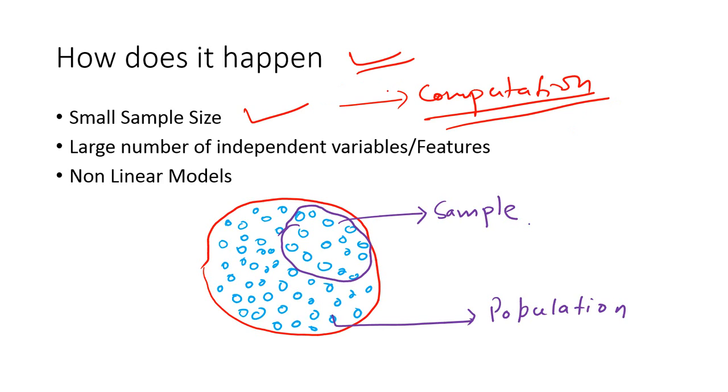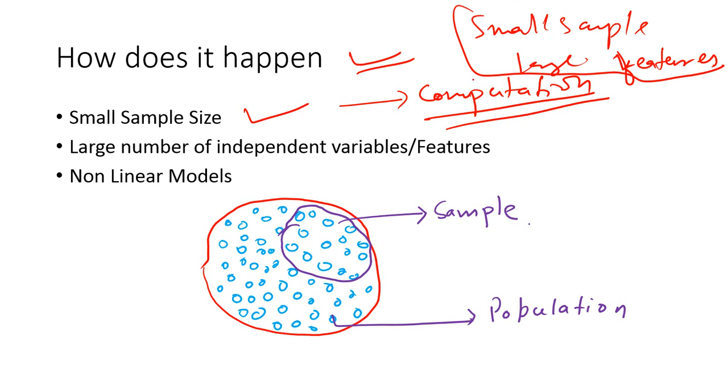If you have a small number of data points and you are using a large number of independent variables, so small sample and large number of features or independent variables, in that case you will have the problem of overfitting. Other reasons could be using nonlinear models.